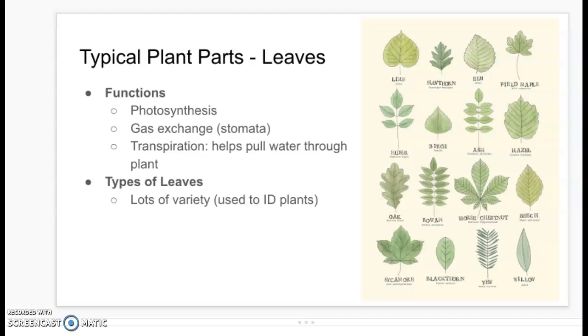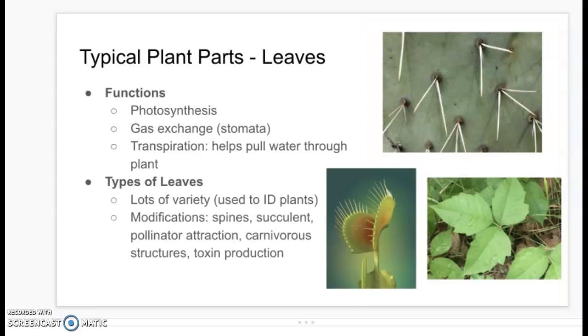So leaves are super important, and they have a lot of detail in telling us what the plant is doing, what its job is, what the environment is, and what type of plant system it is.